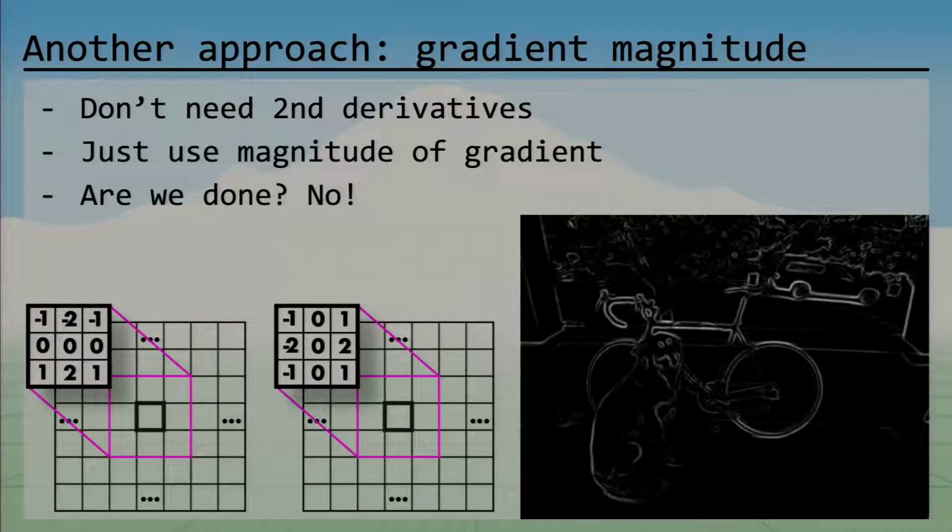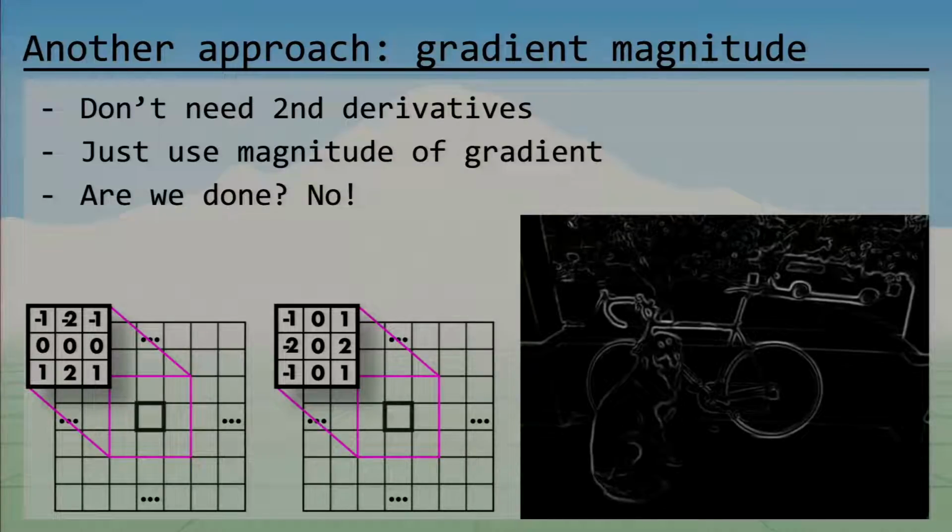So again, we already have these Sobel filters that we talked about before, and they're going to be our estimates of the gradient of this image. And you guys are doing this for your homework too.